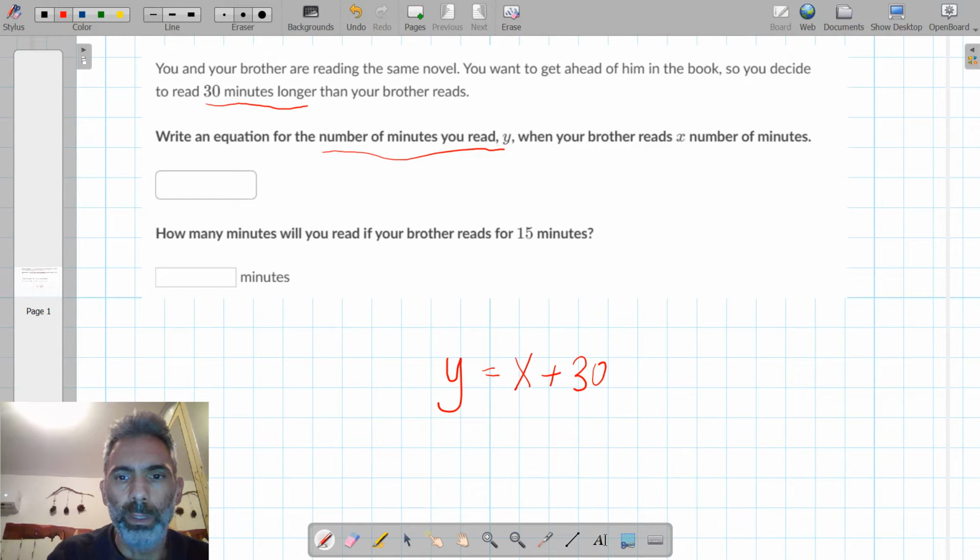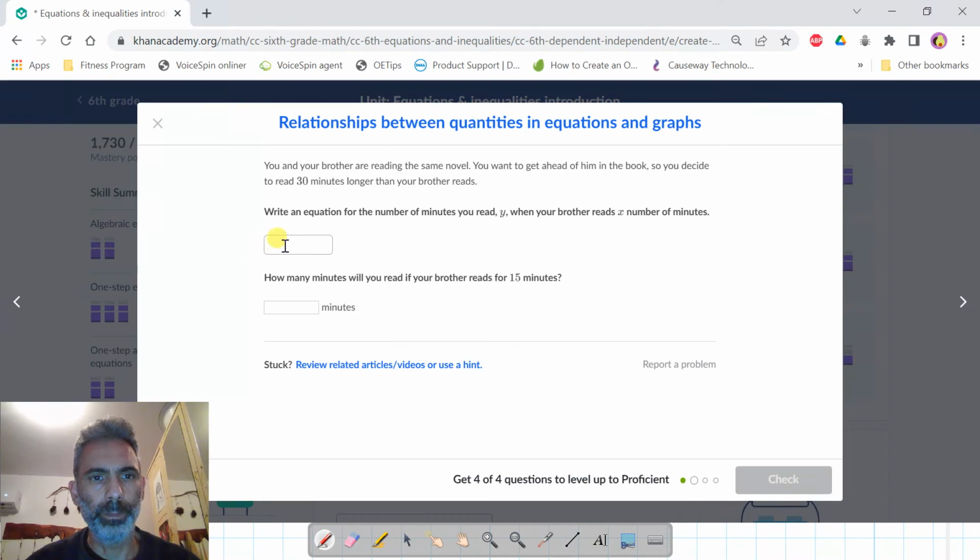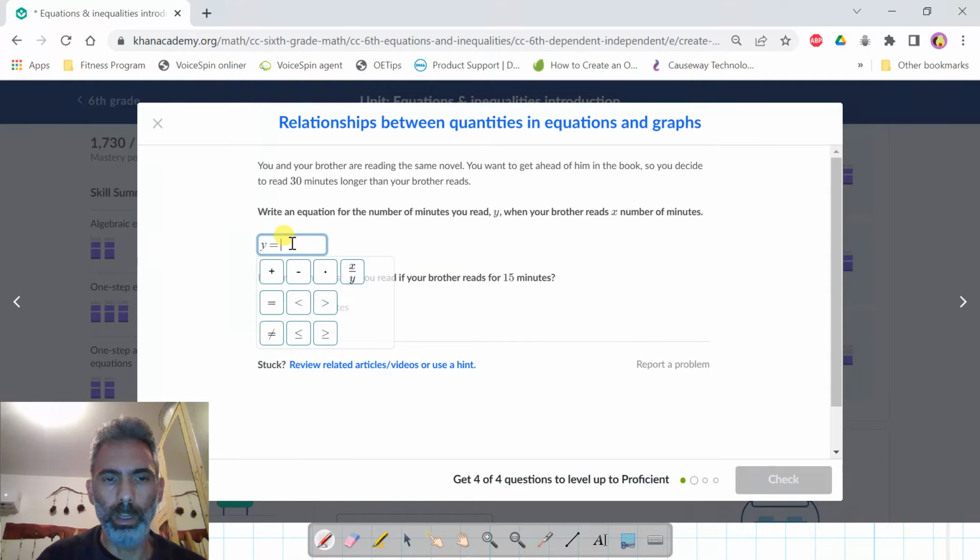X is the number of minutes your brother reads, and 30 minutes is the extended period that you want to read. So X is the independent variable, and Y is the dependent variable. So this is the equation: Y equals X plus 30.